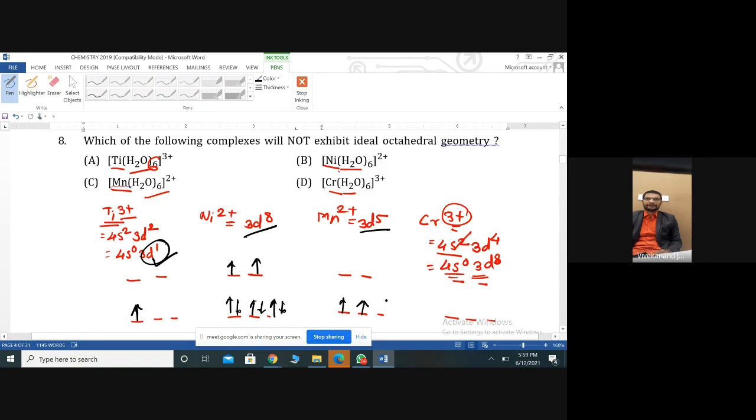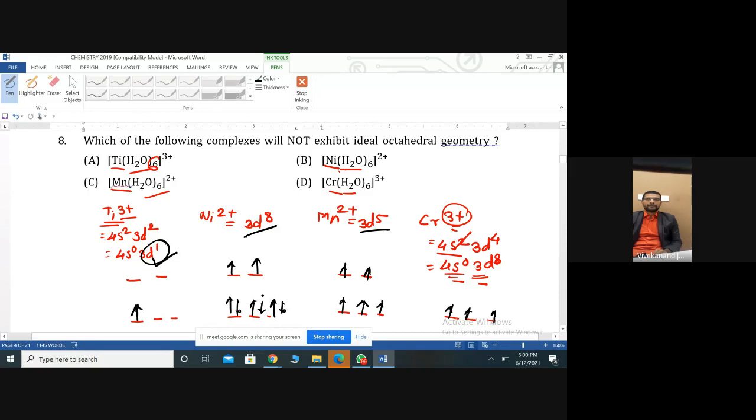We put these 3 electrons over here. Then in Mn, we put the electrons according to this: 3 electrons here and 2 electrons here. Okay, chromium plus 3. Again we have 3 electrons, and we put them according to this.